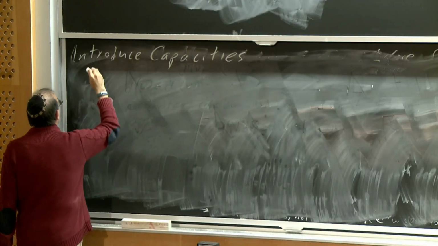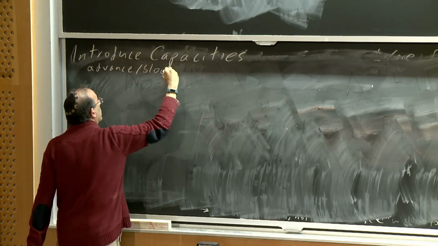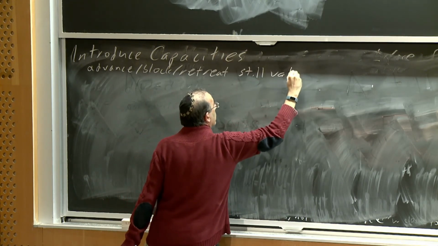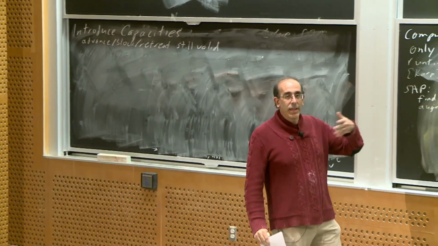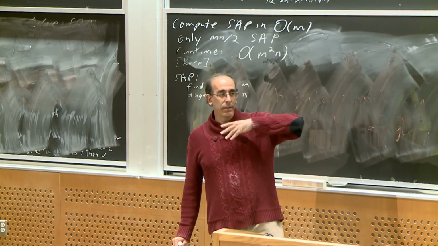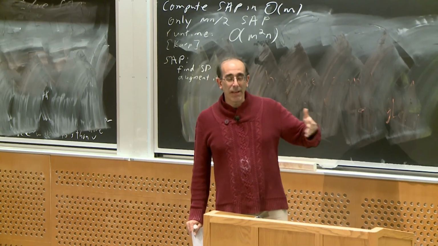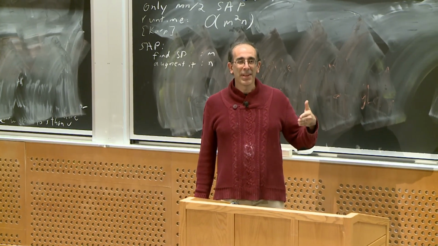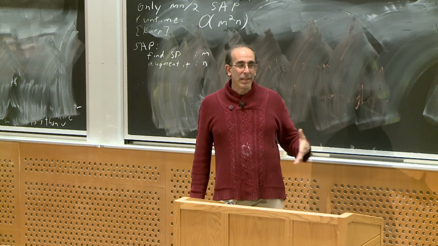The basic approach is still valid. Right? I advance as long as I can. If I hit T, I have found an augmenting path. I block it, right? If I get stuck, I retreat. And if I retreat along an edge, I can destroy that edge because it no longer has a way to reach T, right? So the shape is very much the same, but the analysis has to change.